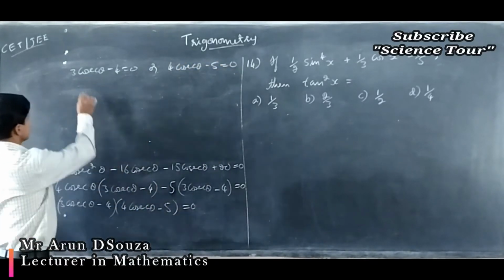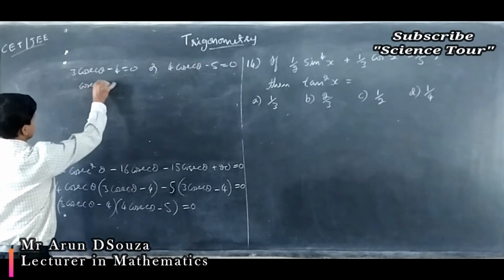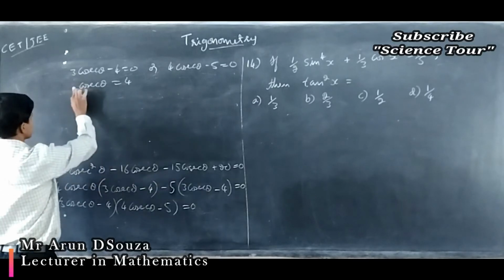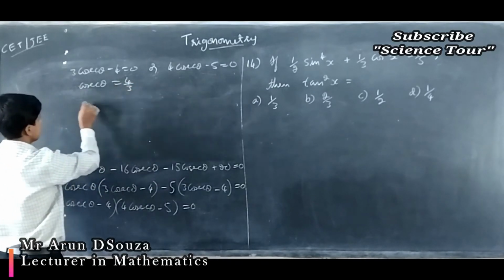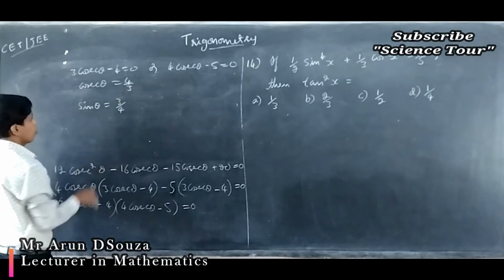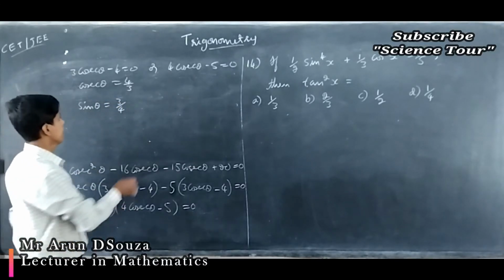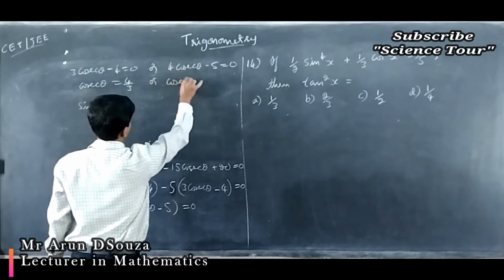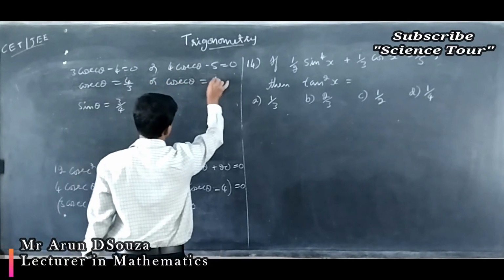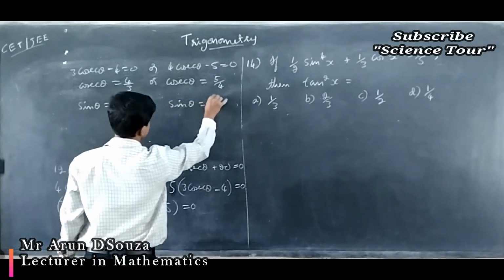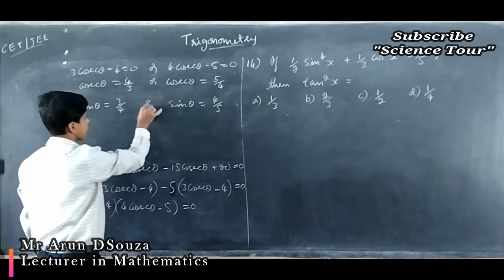That means here 3 cosec theta is equal to 4, right? And then cosec theta is 4 by 3. That means sin theta is 3 by 4, correct? Or here you have got cosec theta is equal to 5 by 4. So sin theta is 4 by 5.